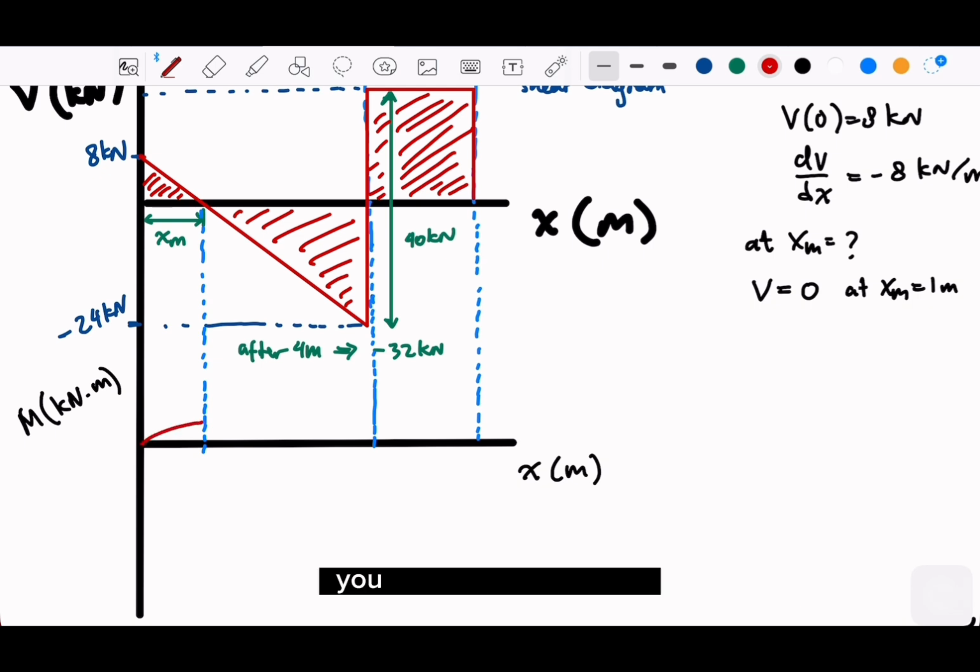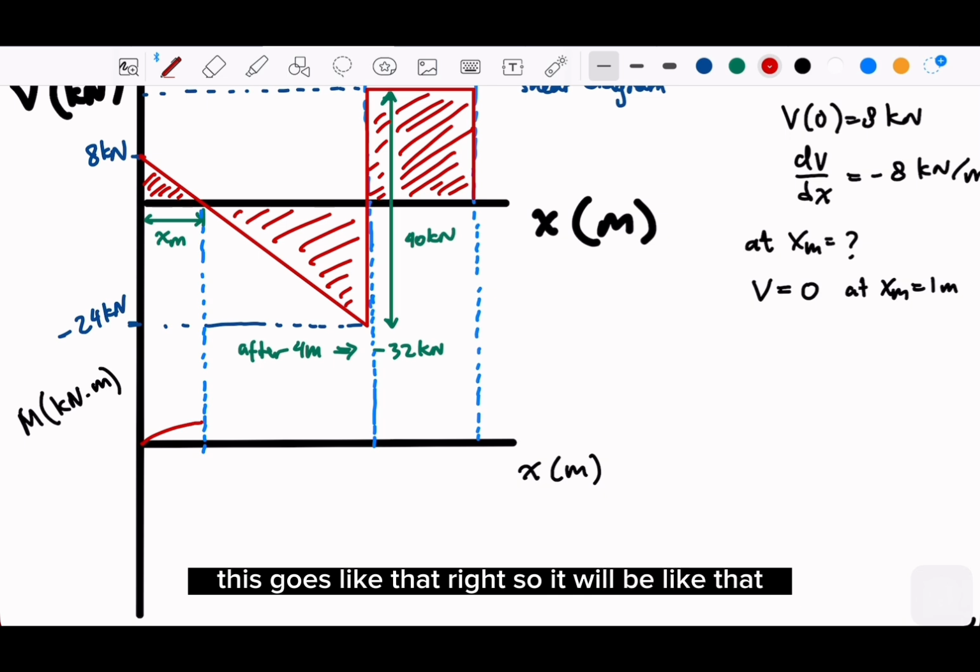You can imagine, if you think this is like negative x, if you integrate, you get negative half x squared, right? It's a parabola. Which means you have a parabola that goes like that, right?